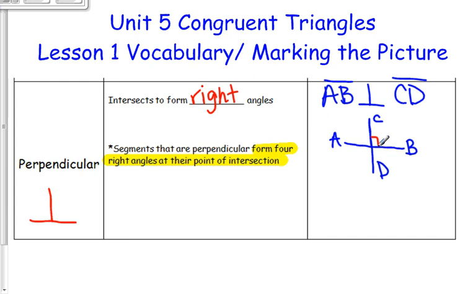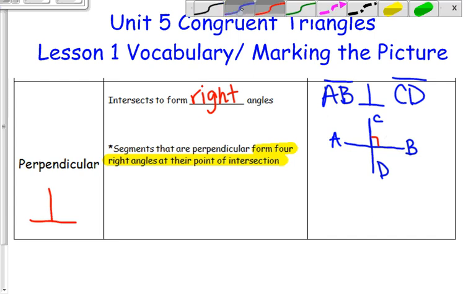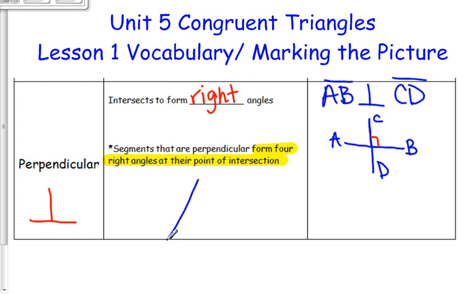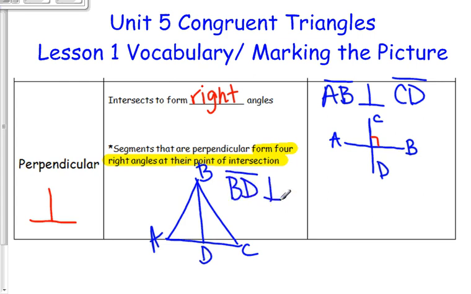Okay, you also might see it in the form of a triangle. Okay, so we might have triangle here, ABC, and D there, and they tell us that line BD is perpendicular to line AC.